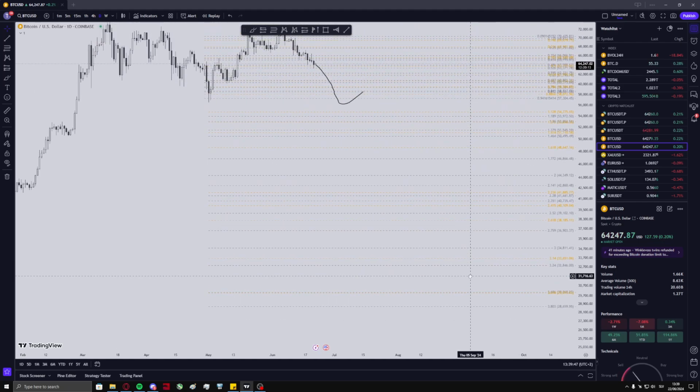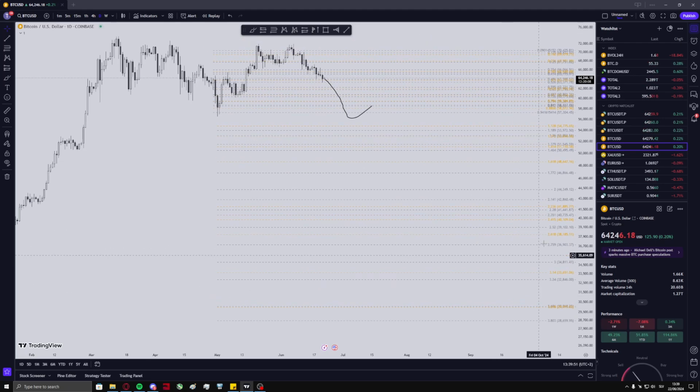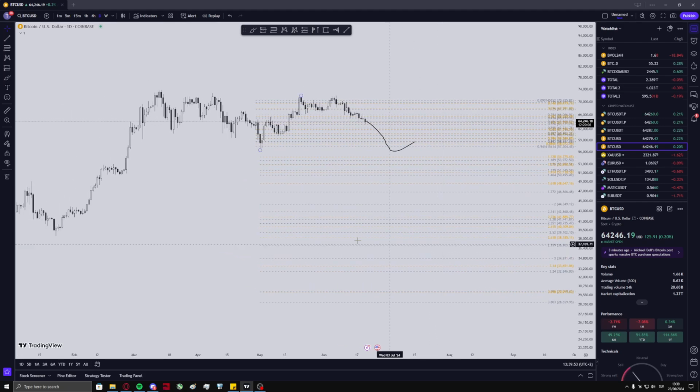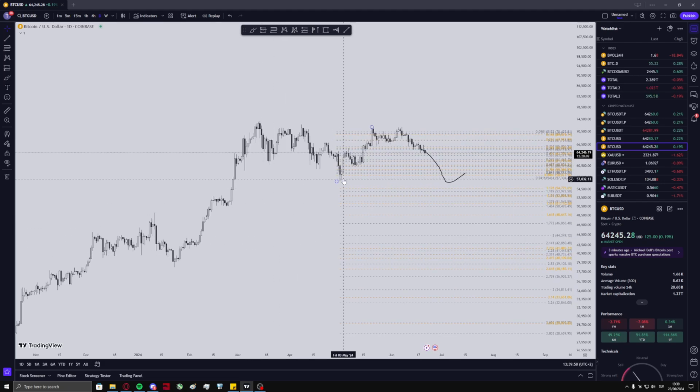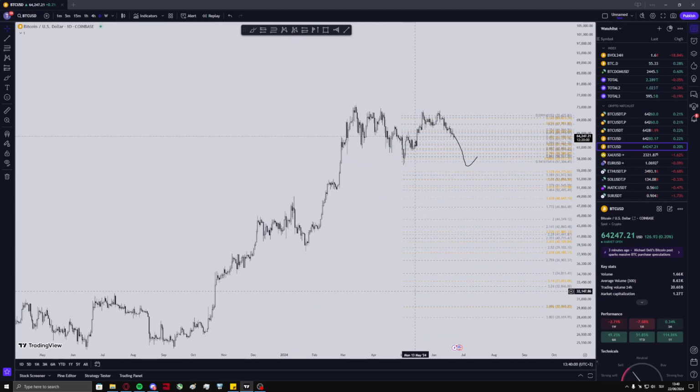Now, keep in mind, these 2 and 3 extensions are rarely getting hit if you pull the way I did, right? So don't try to be too extreme with the measurements.